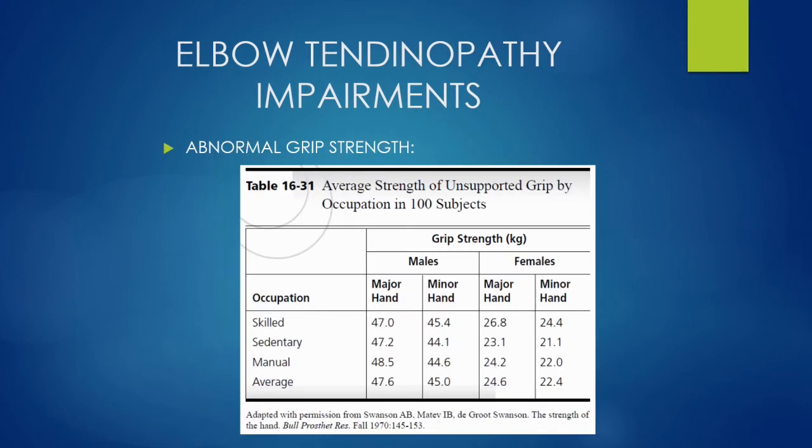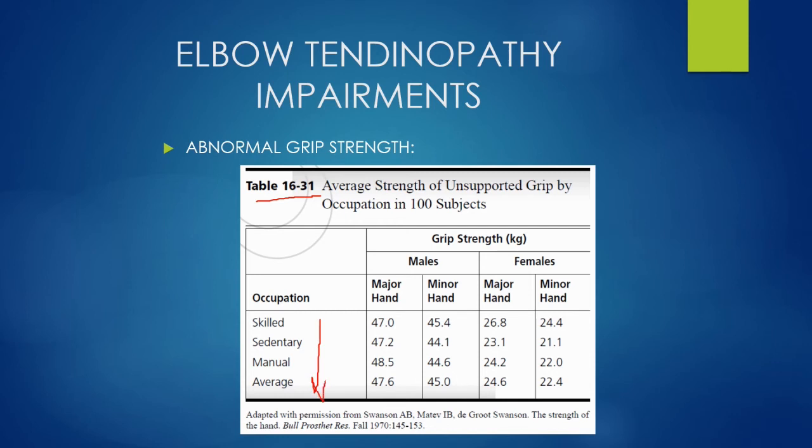In addition to abnormal elbow motion, lateral epicondylitis can also qualify for permanent impairment due to its impact on grip strength. So in an examinee who has less than normal grip strength, you can provide for permanent impairment for that loss of grip strength. And in the AMA Guides, Table 16-31 gives us some strength gradings for various different types of occupations.